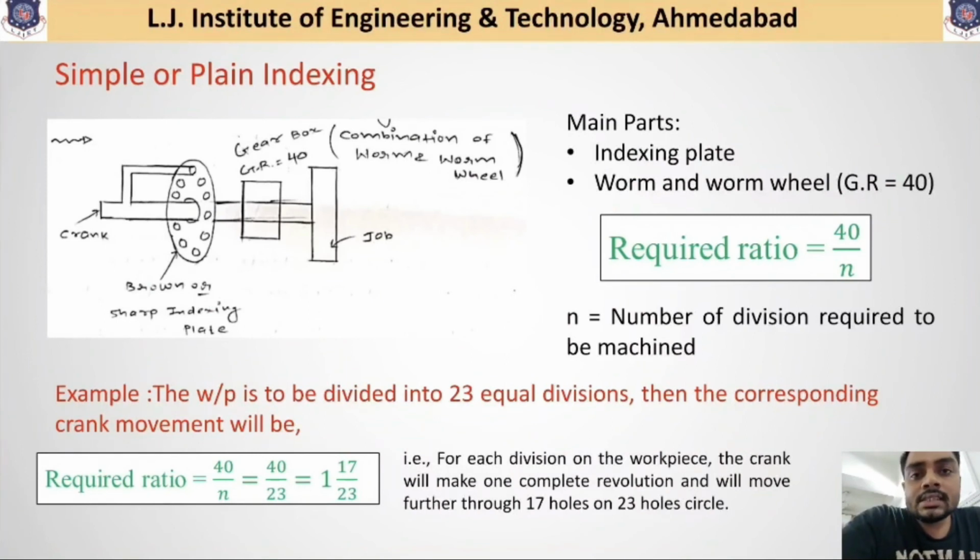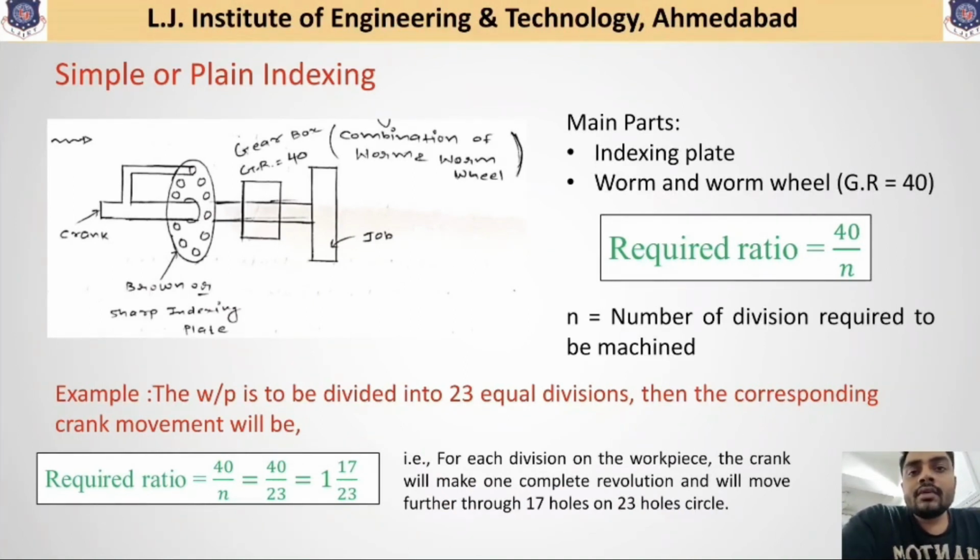So in this lecture we have discussed two methods. The first one is the direct indexing method, in which the crank is directly connected to the spindle and directly to the workpiece, whereas in simple or plain indexing the crank is connected to the worm and worm gear arrangement, and after that the worm wheel is connected to the workpiece.